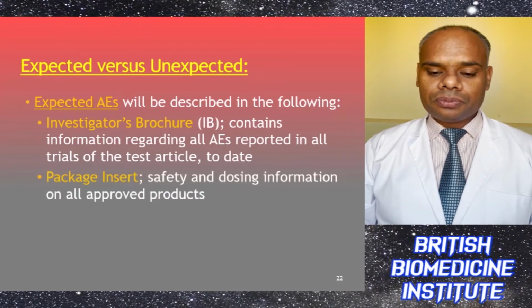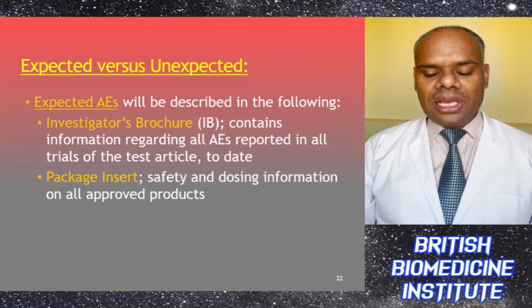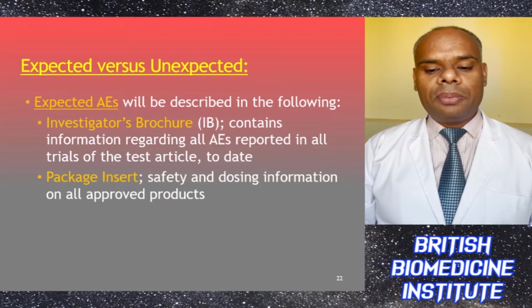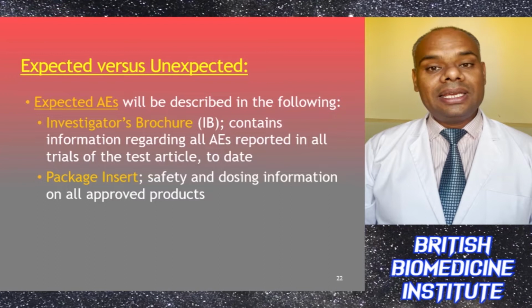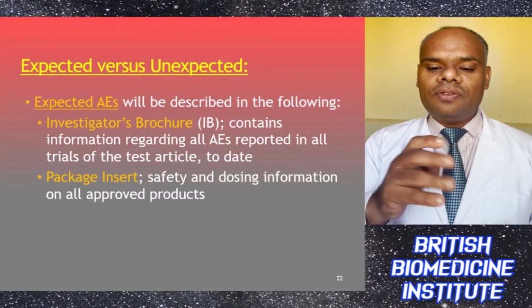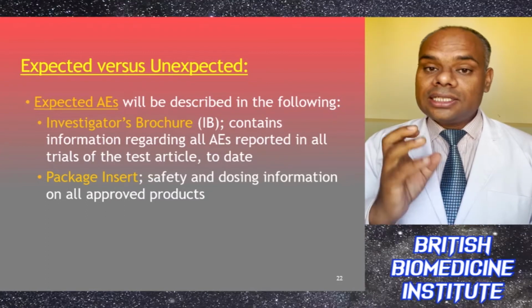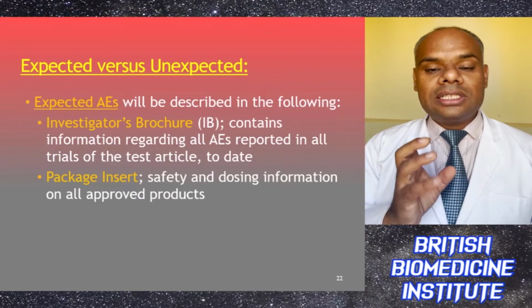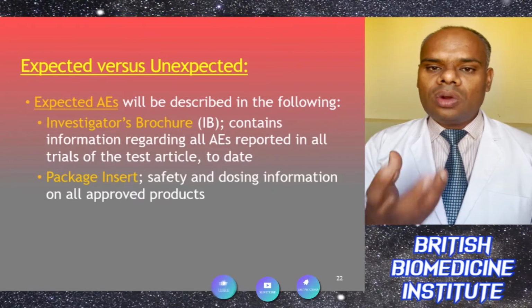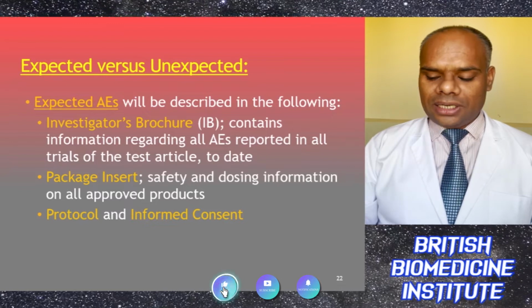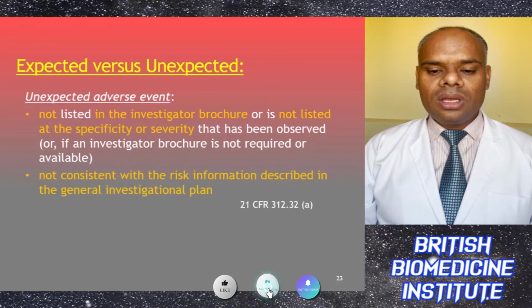Package insert: the safety and dosing information of all approved drugs is available in the package insert. Protocol and informed consent, and the safety profile of other drugs in the same class can also be used to identify expected or unexpected conditions.